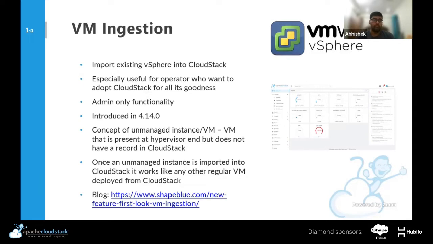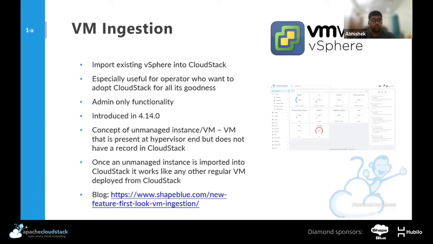It makes their life easier because most other things like primary storages or storage networks can be created, but for existing running or stopped VMs on a vSphere environment, to import them into CloudStack, it needs some kind of functions. So this feature is all about that.